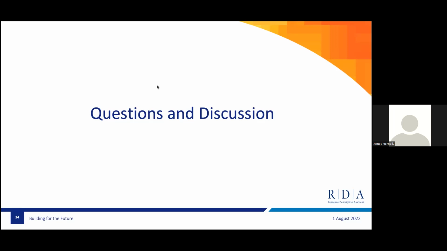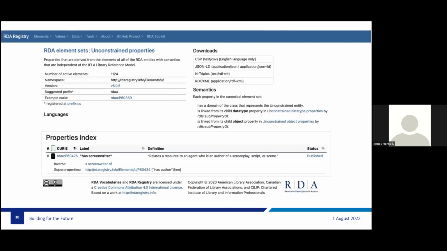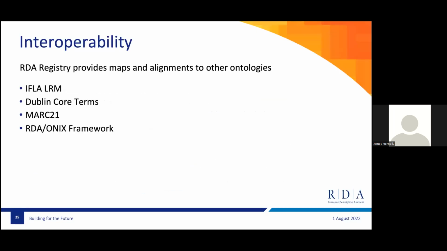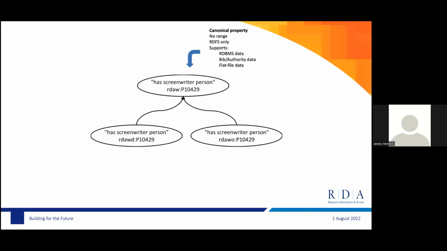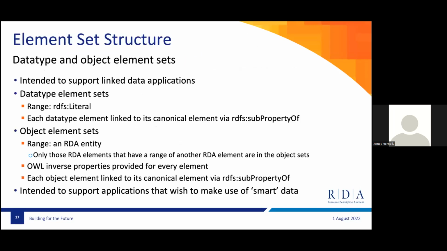Let me go back in my presentation very quickly here. This is the page for the RDA value vocabularies in the RDA Registry. This is all linked data. These are SKOS vocabularies. So every single one, I'm sorry, let me back up. This is the value vocabularies. Let me go back further. I realized I wasn't, let's see here.